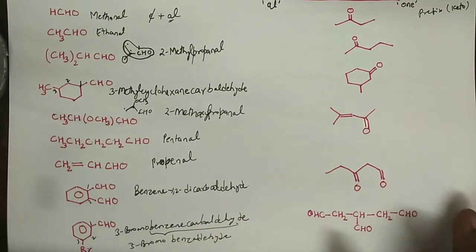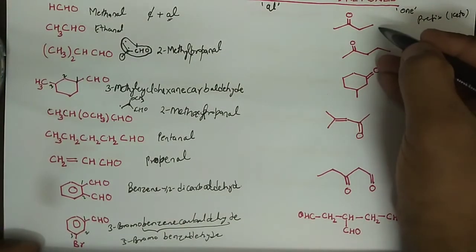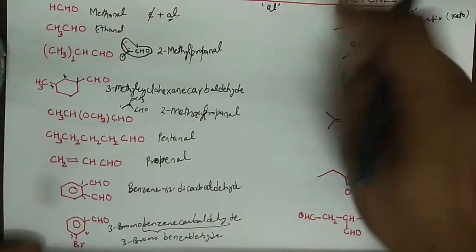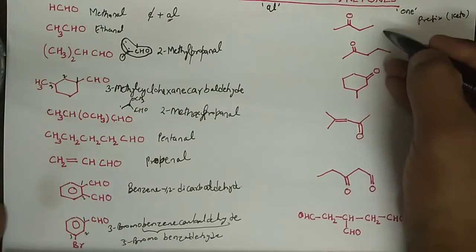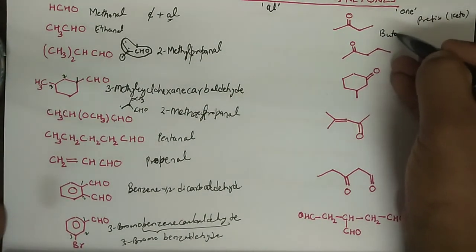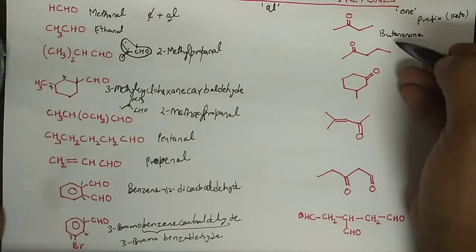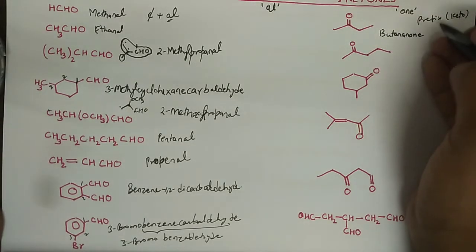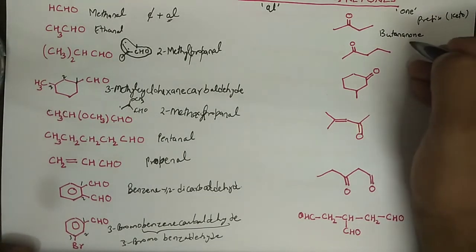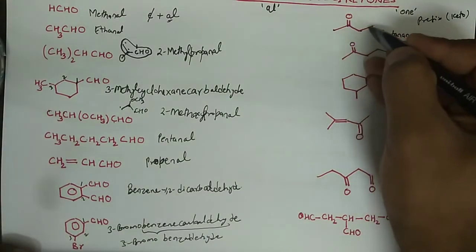Alright. Now the next compound, this one, I think this is for the ketones. So the name will be butanone, right? Butanone. Do not add 2 to this. Do not write butane-2-one. Why? Because if I am writing butanone, that means we have 4 carbons, right?